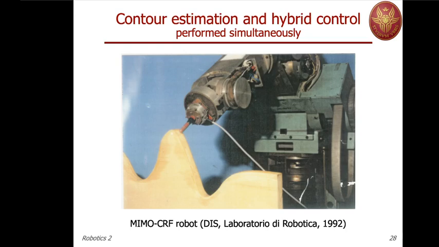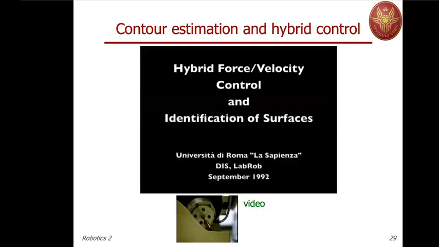So we have to detect the tangent and the normal, and we do this while regulating the constant velocity along the current tangent and a constant force along the current estimated normal. Okay, so we do all the same estimation and hybrid control. And this is the result of our method.